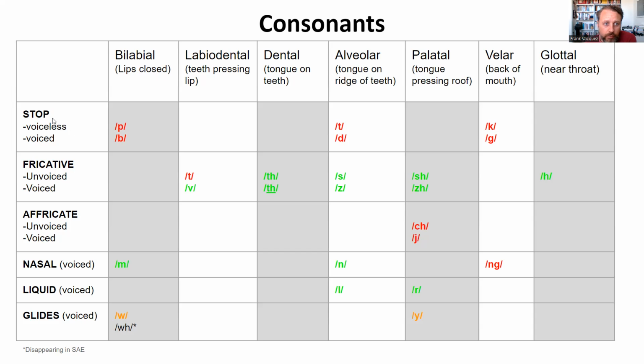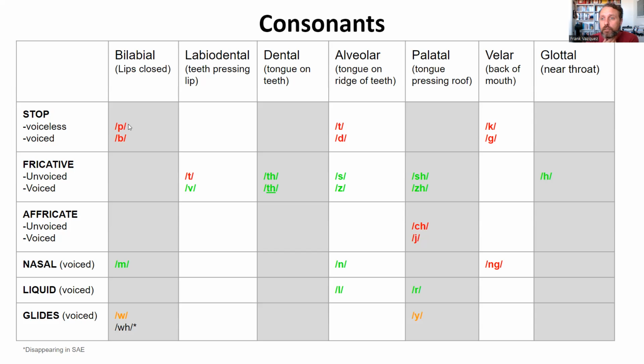So in the first one is the stop sound. So we have p and b. The voiceless, if you play with this, you'll see it's just a straight air. With a voiced sound, you're usually going to feel some vibration in your throat.